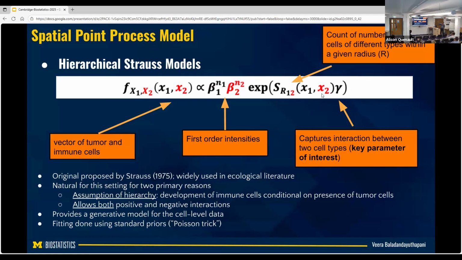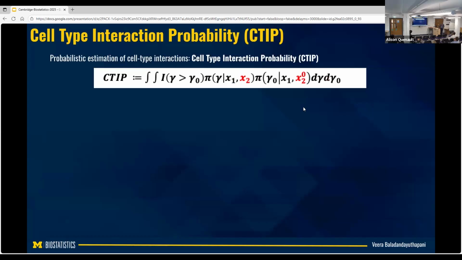The problem then becomes that it's an unbounded parameter. How do you determine significance? How far from 0 should this value be? Should it be 0.2? Should it be 3? Should it be 30? Should it be 100? There is an extra level of inference that one needs to do on top of it. It became an acute inferential problem of how to determine the significance of gamma.